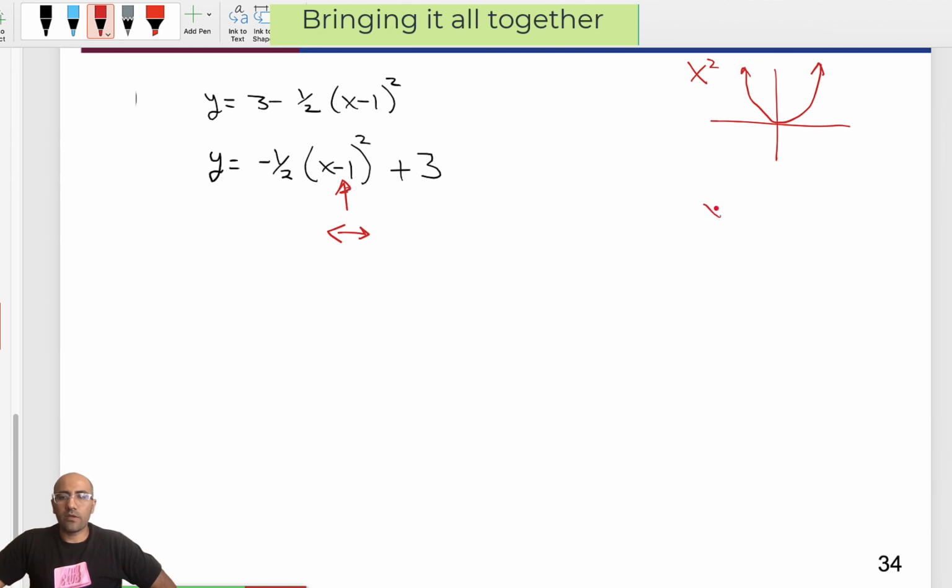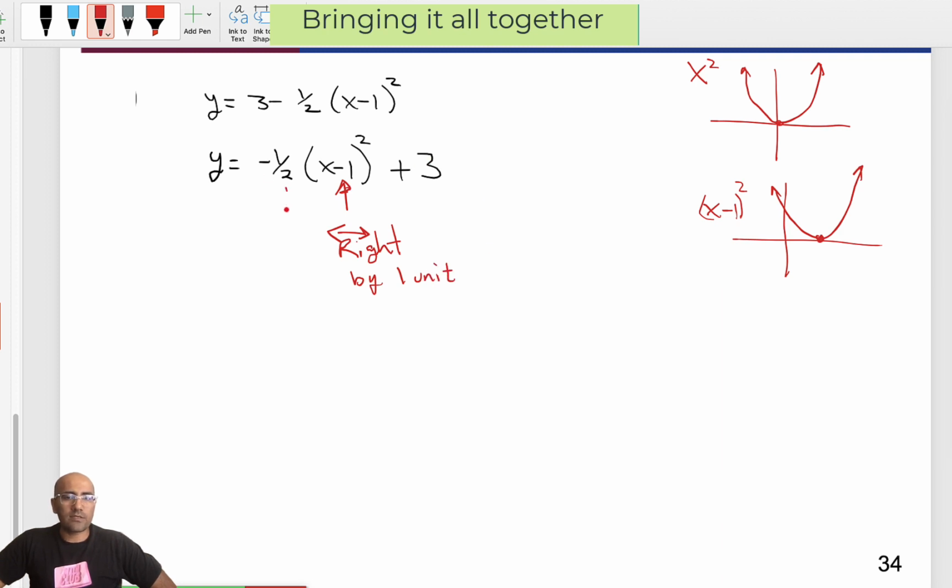But in (x minus 1) squared, the new 0 is going to happen when we plug in a 1. So it's going to get shifted to the right, like this, by 1 unit.